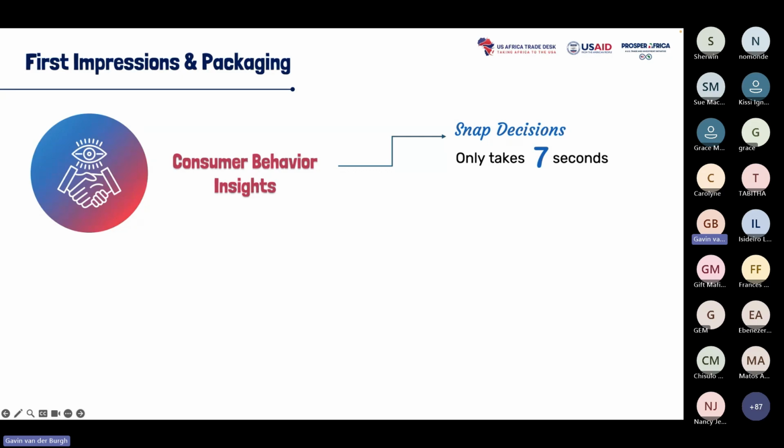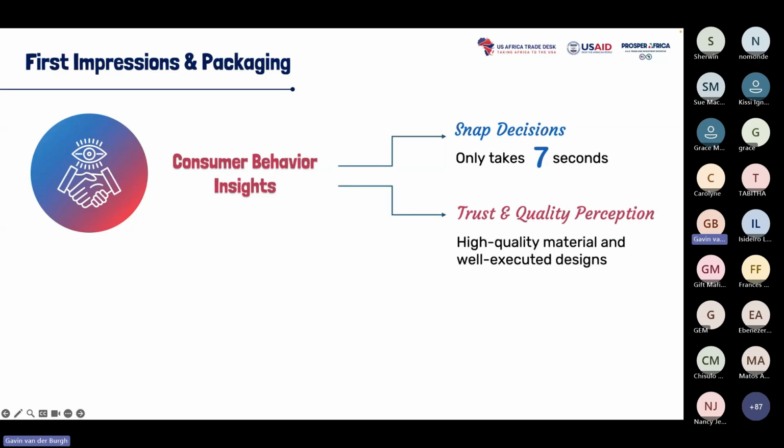So good design packaging is going to give you that initial advantage. It then also leads into the trust and the quality perception. Again, well-designed packaging will either resonate into a customer's trust, and that's where some of the private label product actually comes into play, but also really good quality packaging and nicely printed packaging resonates into a high quality product as well. So let's have a look at a couple of real world examples.